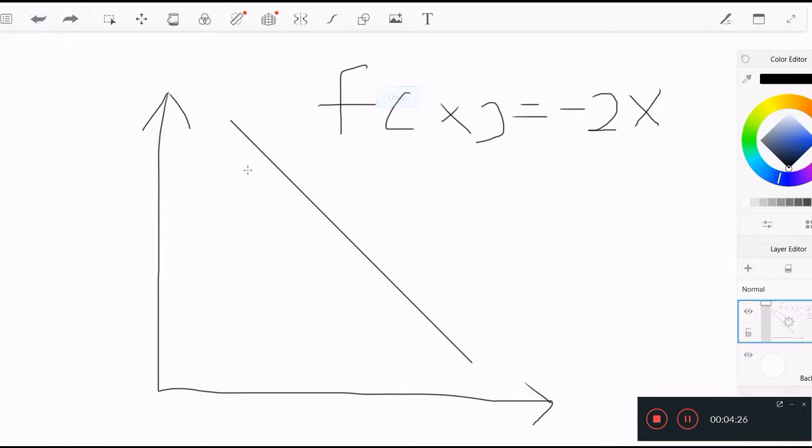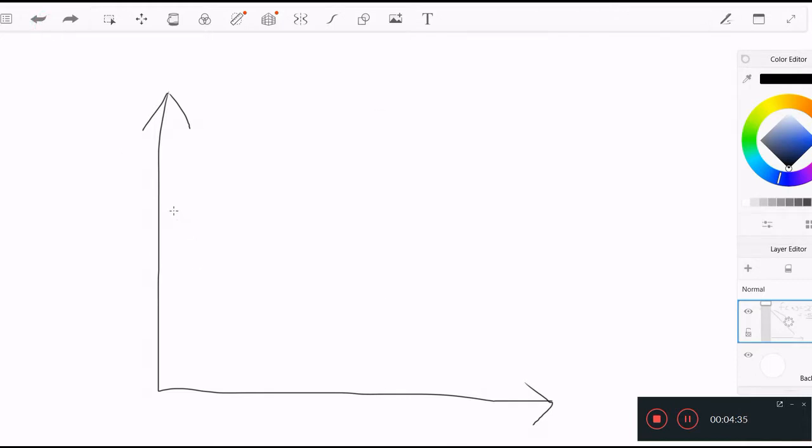So this is the second type of linear function. The first one is going up, upward sloping, and the second one is going down, downward sloping. Another type is horizontal. It's flat.